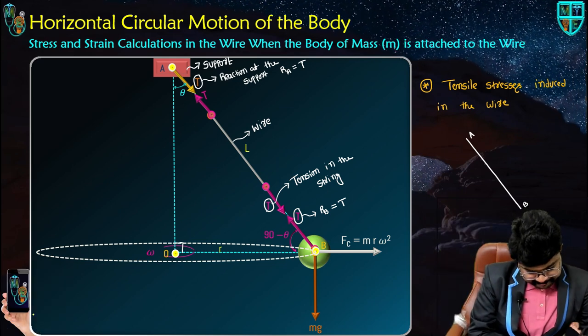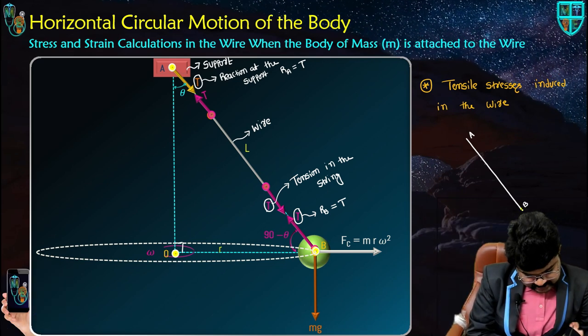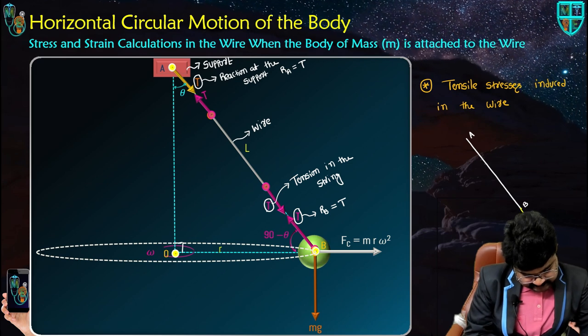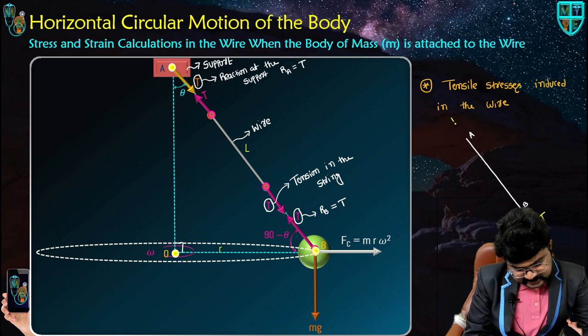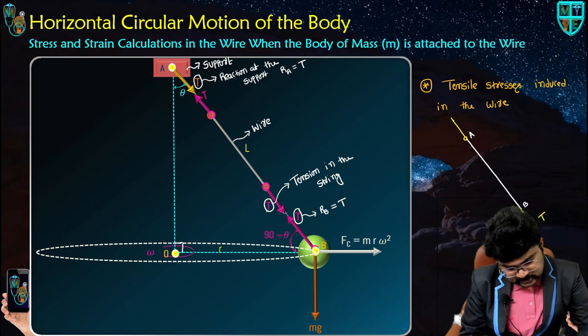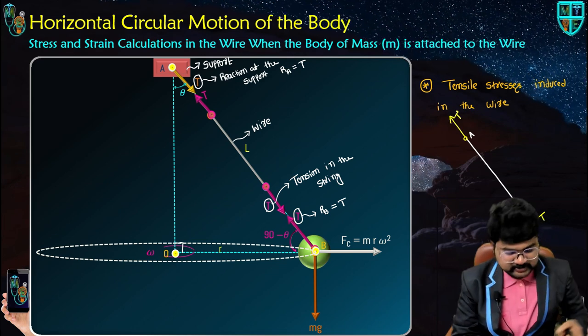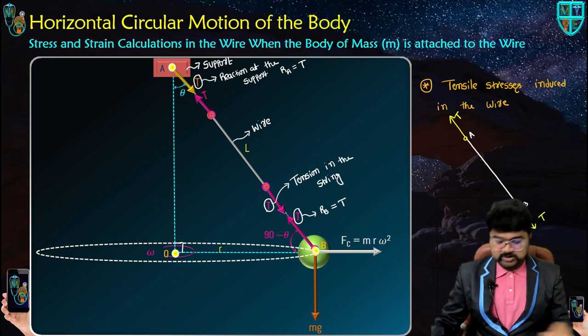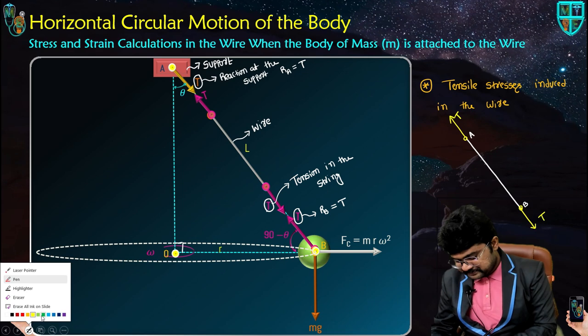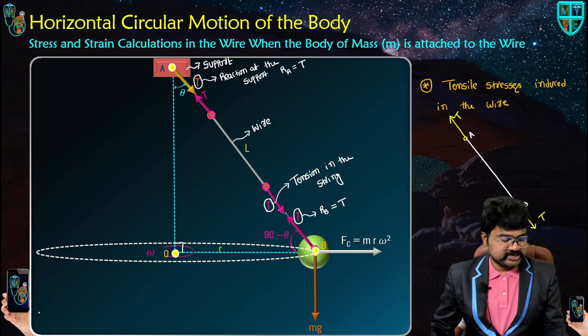Here it would be the tension T. This is the tension T. What kind of stresses are induced in the wire? Sigma AB equals how much? What is sigma AB? The tension in the string.